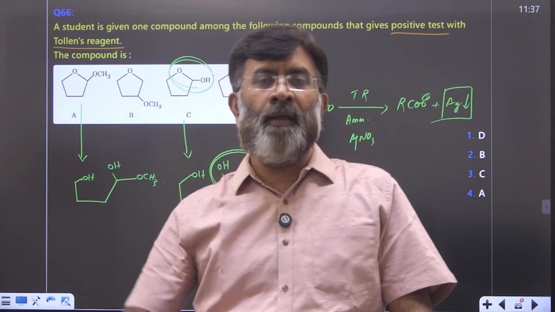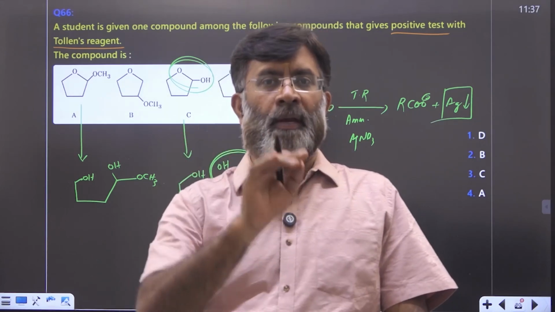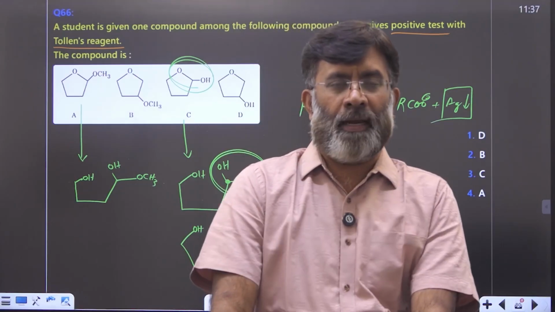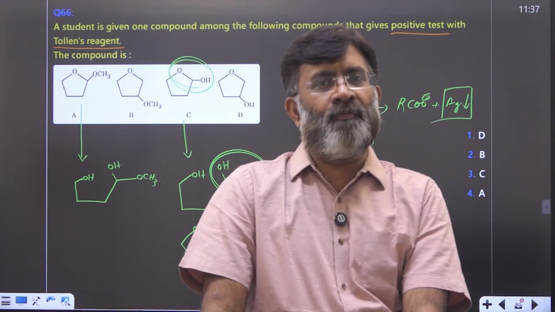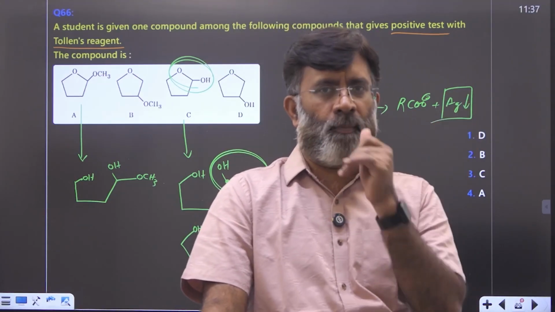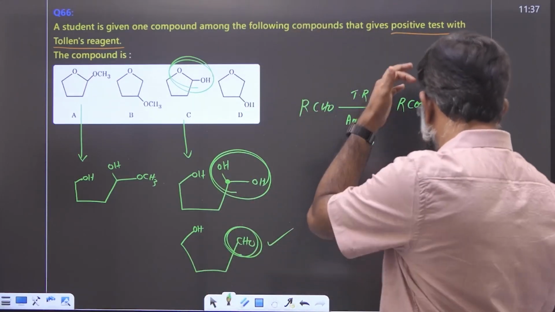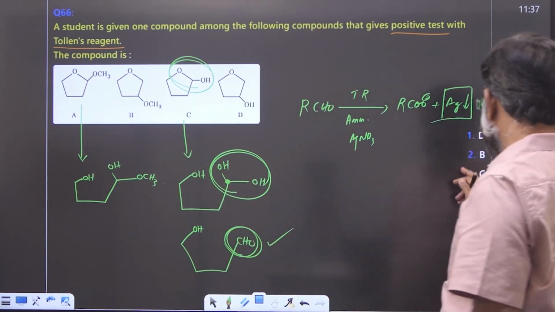It is given by both aliphatic and aromatic aldehydes. Remember, Fehling solution will give a test for only aliphatic aldehydes, not aromatic. So the third choice, option C, is the correct answer.